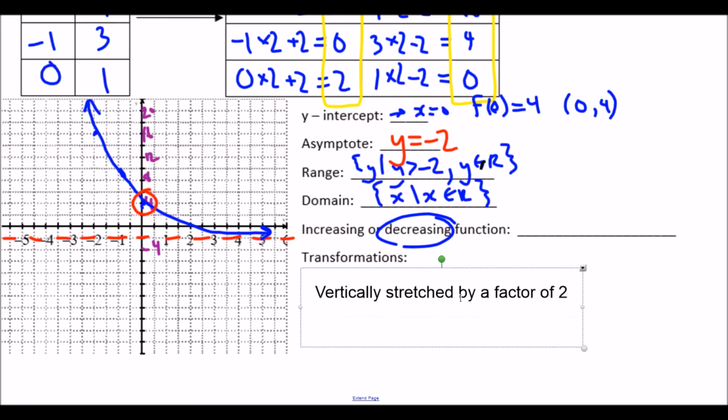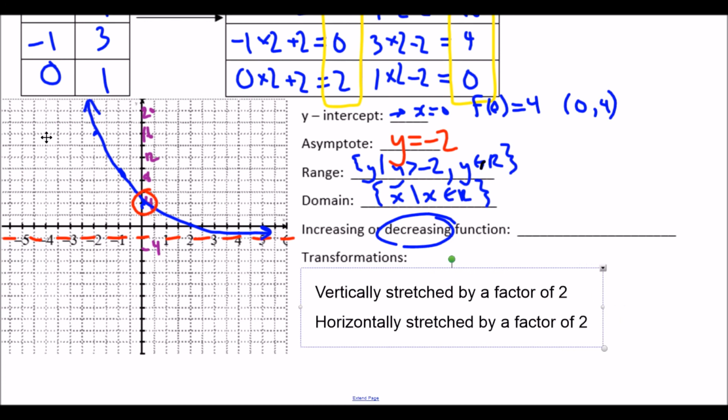My b value is also 2, so it's horizontally not stretched but compressed by a factor of 1 over 2. Actually, that is not true, sorry. It's been horizontally stretched, because my b value is 1/2, so horizontally stretched by a factor of 2.